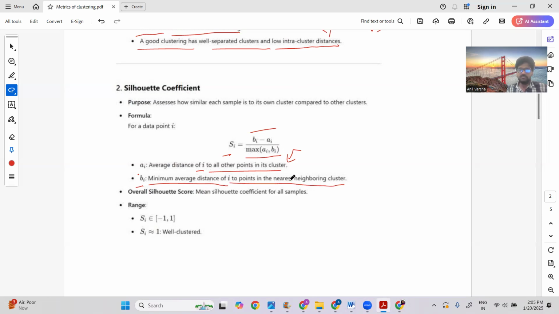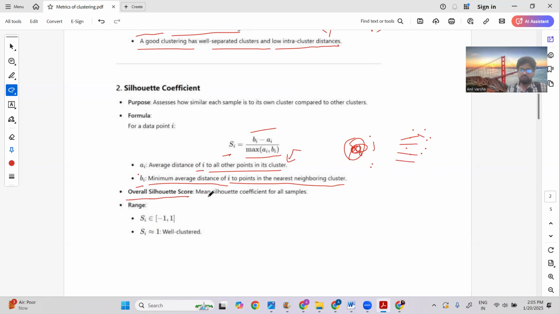For example, there is a point x and there are several data points. Taking this as i, the minimum average distance of i to the points in the nearest neighboring cluster is called b_i.